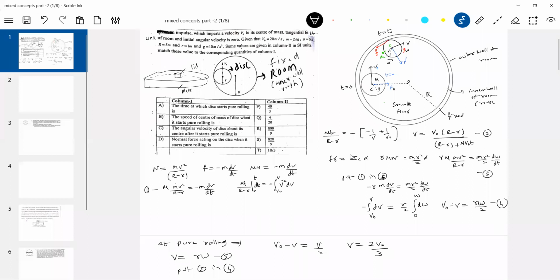Okay, now let's get into the problem. It's asking first the time, no? From where do we get the time? This value of V you have to substitute in equation 4, 5, 6. Put 6 in 2, solve for V, you write it as 2 v naught by 3. Solve for t, you'll get the required time.